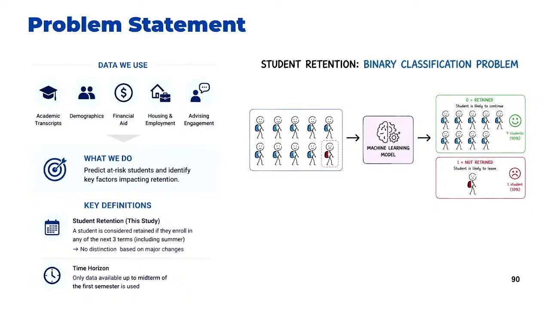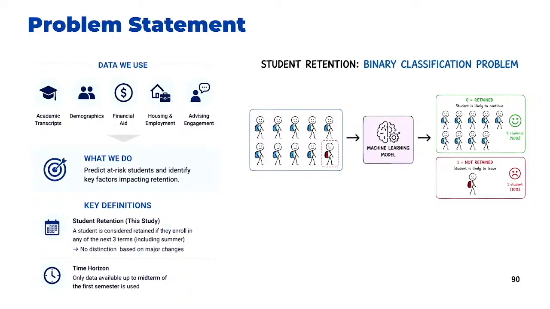And our goal was to predict at-risk students as soon as possible within their first term after transfer, and also identify what are the major factors contributing to their dropout.